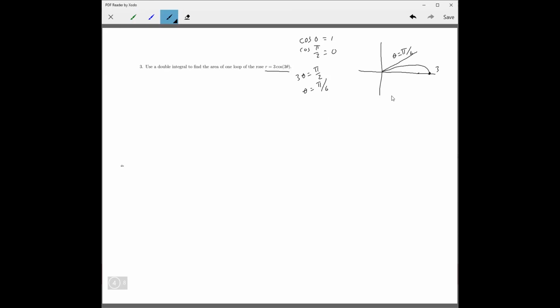And then the cosine is an even function, so you're actually going to have a part over here as well. But these are the same. So we can double it and go from 0 to pi over 6 on theta, and we'll be fine.